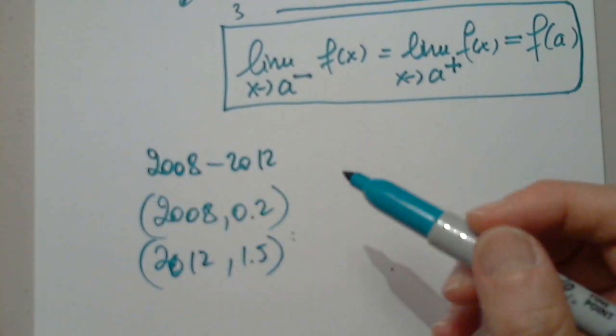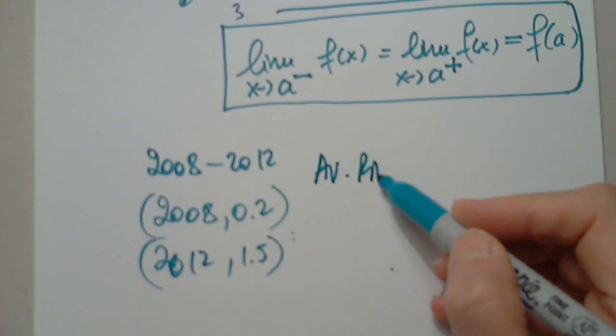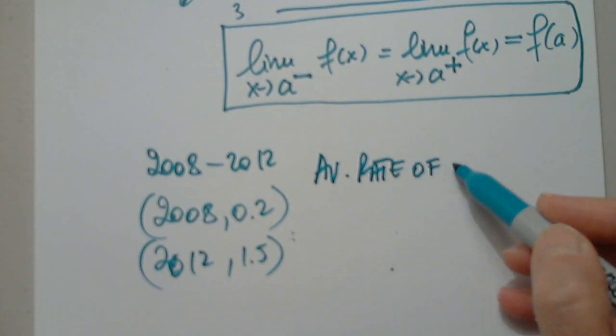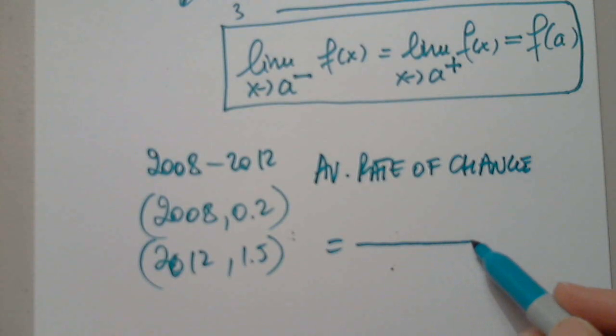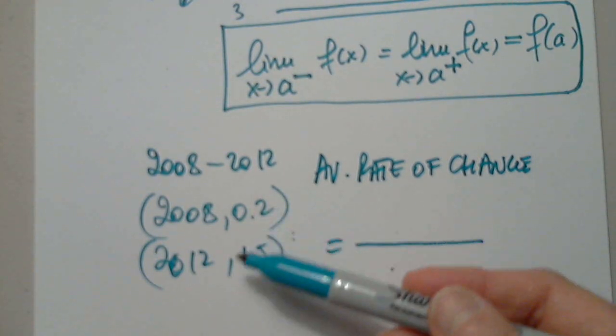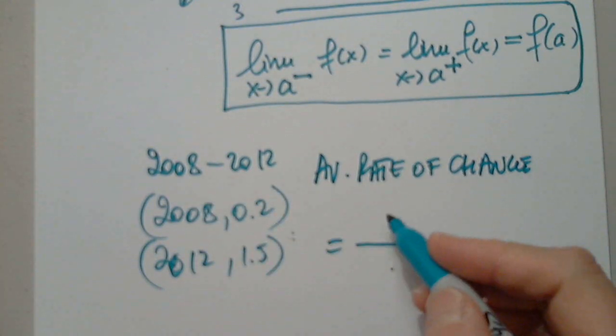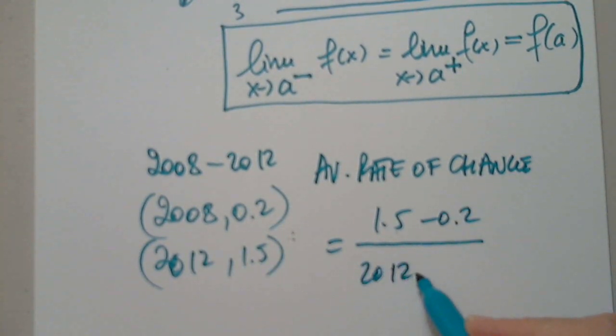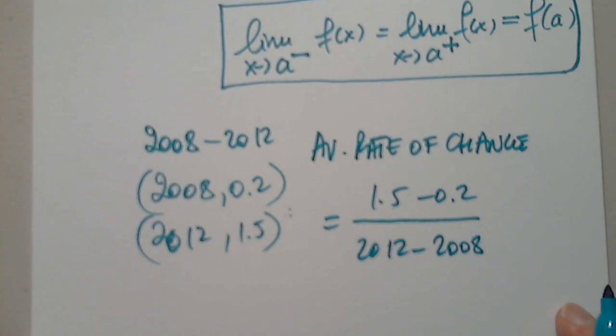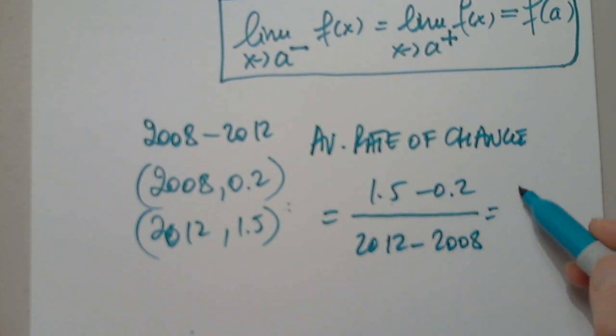So they want us to determine the average rate of change. How do I write the average rate of change? Y2 minus Y1 over X2 minus X1. 2012 minus 2008. The numerator is 1.3. The denominator is 4.